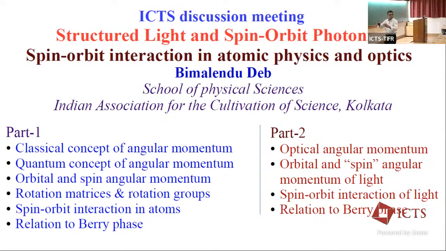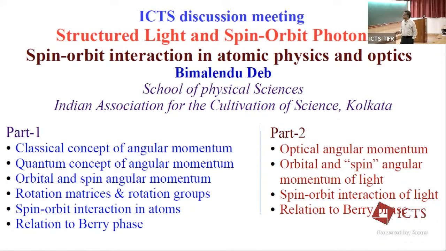And part two, I would go side by side. I would try to connect this orbital angular momentum, the orbital and spin parts of the optical angular momentum. In fact, optical angular momentum is well known. You can find it in almost all the standard textbooks, Landau-Lipschitz relativistic quantum mechanics books, and also Cohen-Tannoudji's book.